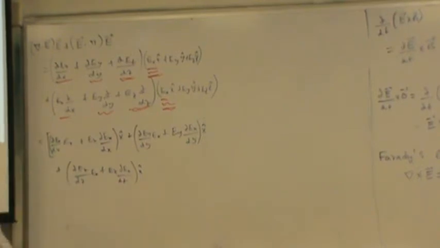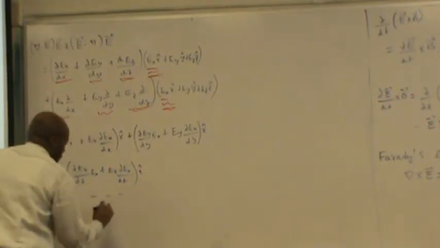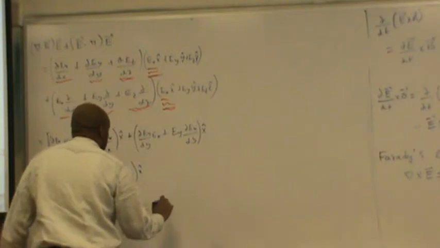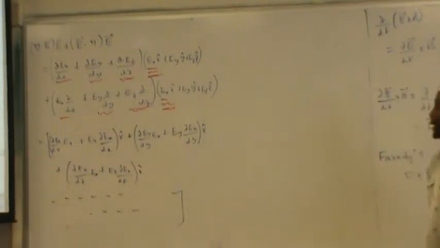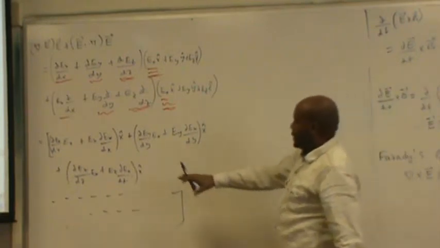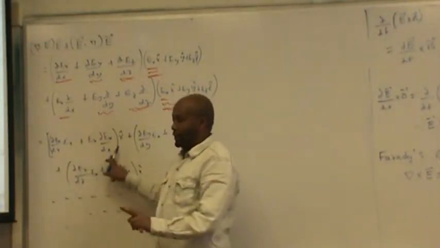All right. So you would have similar expressions for y and z. So I'll just put a dot here. All right, so what do you see here? Can you write this as one term?